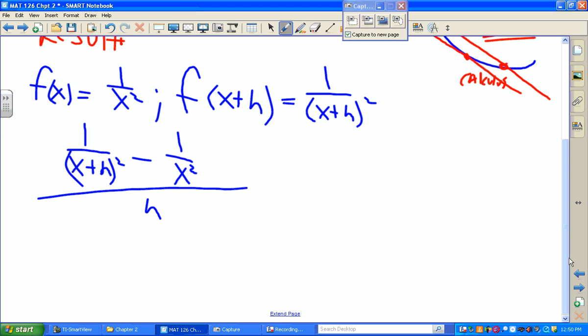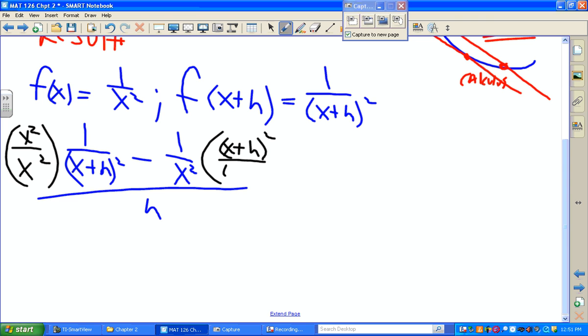How do you subtract fractions? Yeah, common denominator, x squared and x squared. There's an old saying in calculus and pre-calculus: you don't multiply out the denominator unless you have to. I've never multiplied out the denominator in all my years. And this one would be x plus h squared over x plus h squared.